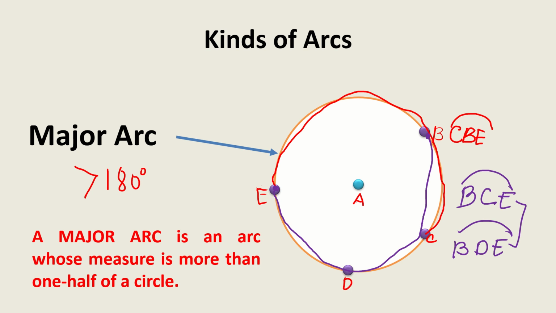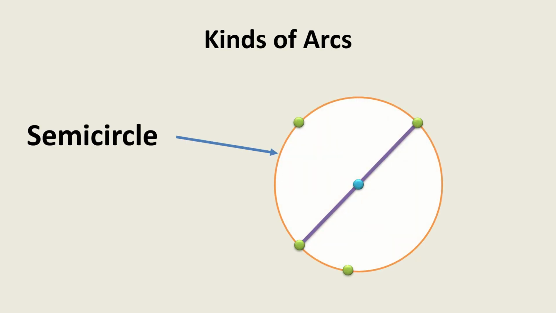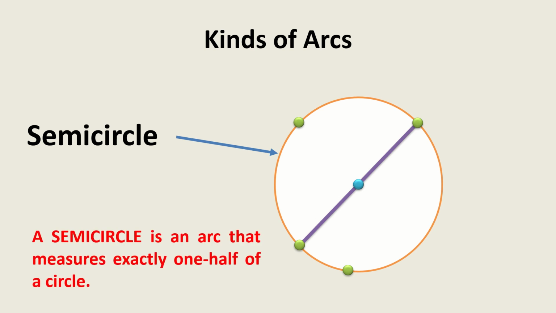And lastly, for the last type ng arc, we have a semicircle. Now, ano ba yung semicircle na tinutukoy dyan? So, a semicircle, kung kanina ang minor ay less than, ang major ay more than or greater than, kay semicircle, it measures exactly 1/2 of a circle.